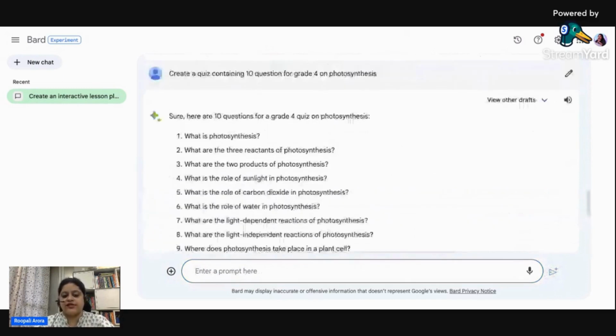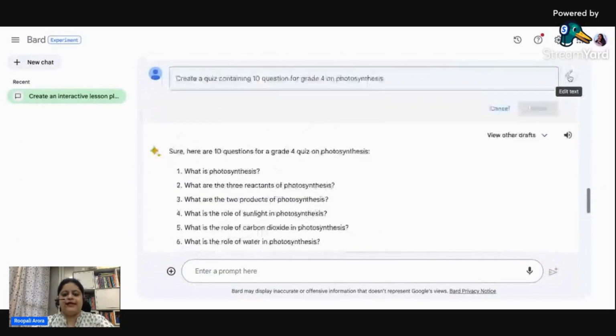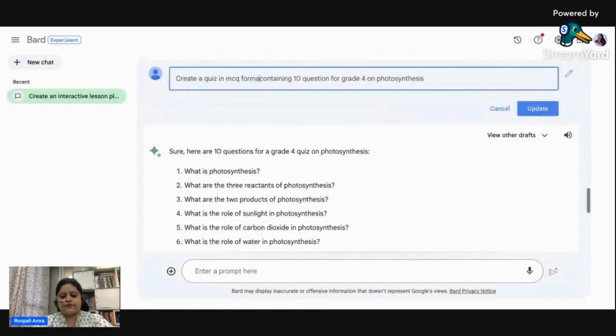Now, these are very descriptive questions, but if you want these questions to be made in an MCQ format, I can quickly go back to the edit text pen, and then I can say that I need this quiz in MCQ format.